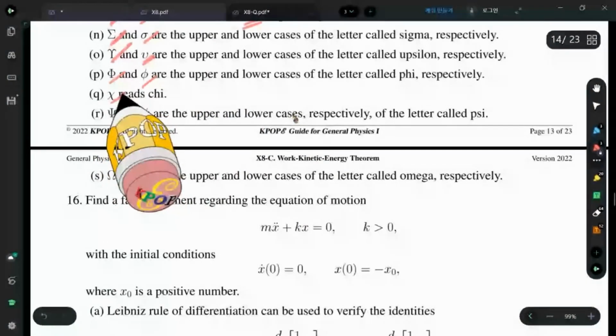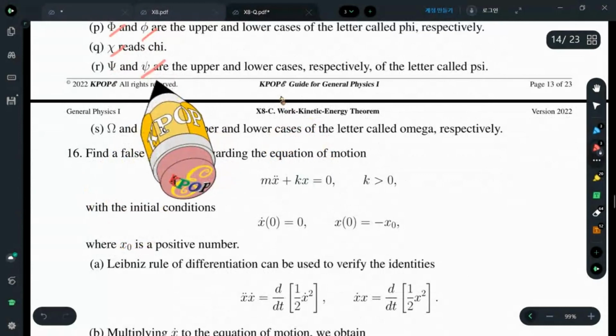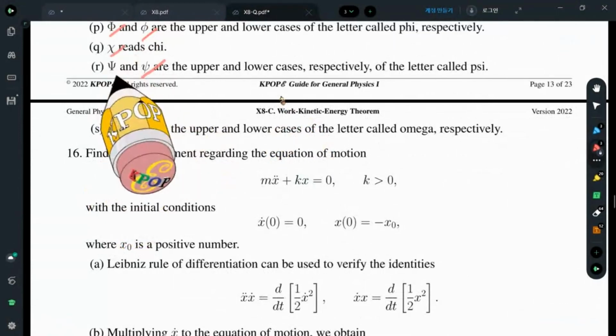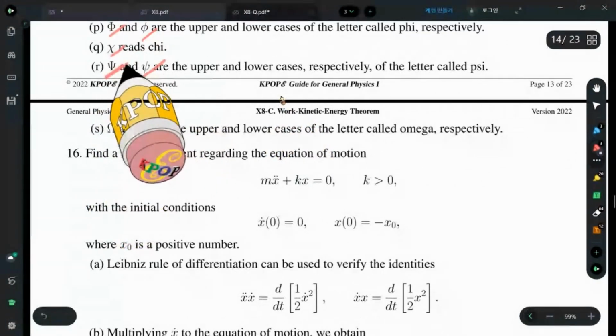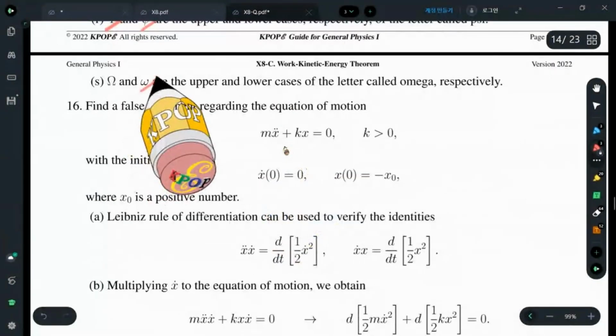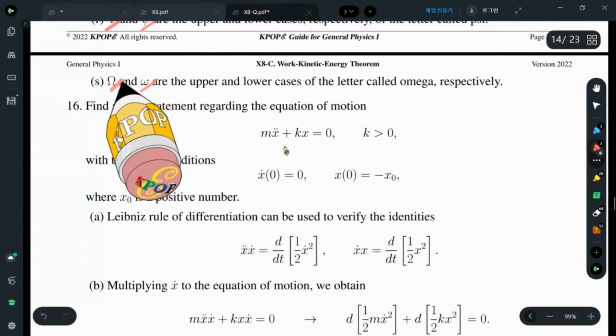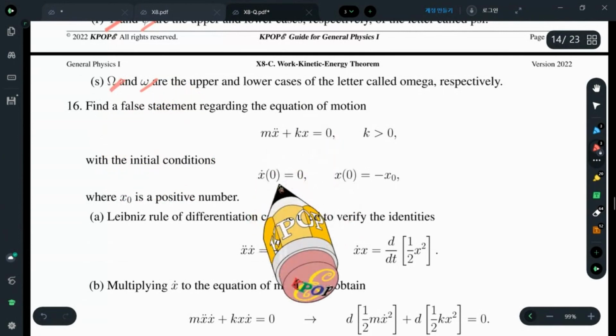And chi, and psi, usually used for the wave function or psychology, capital psi. And omega is the last letter, alpha and omega. This omega is the last letter of the Greek alphabet.